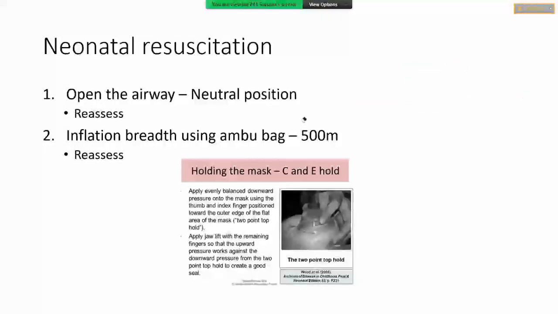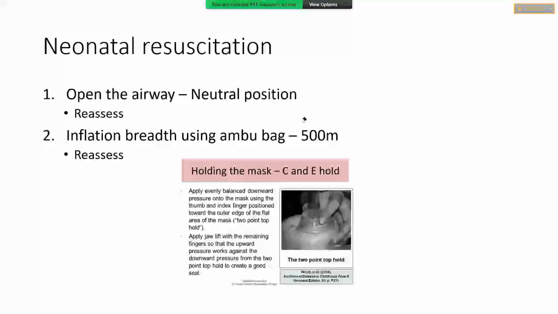After putting the neutral position, we have to look whether there are chest movements, whether the child is breathing. If the child is breathing, no problem. We will transfer the child to the neonatal unit or the baby unit, and we will do the initial management there.